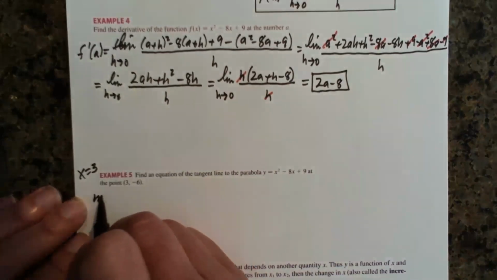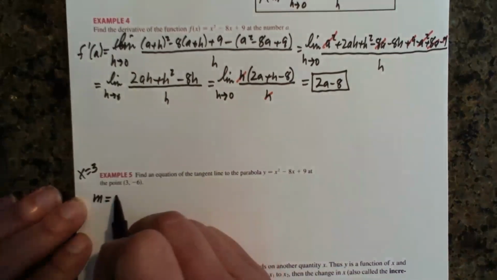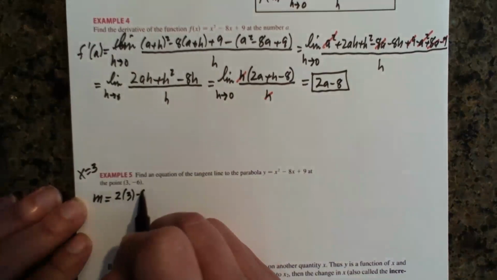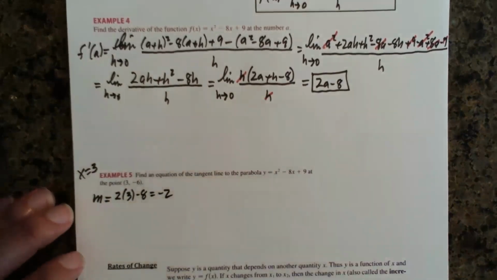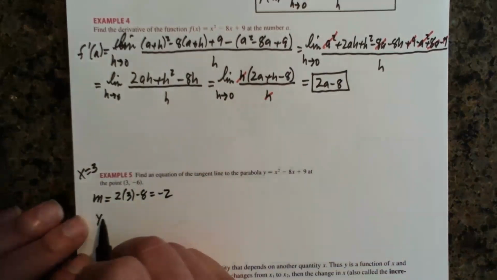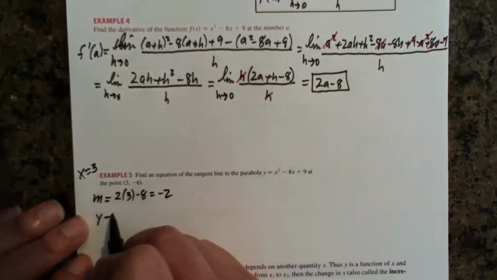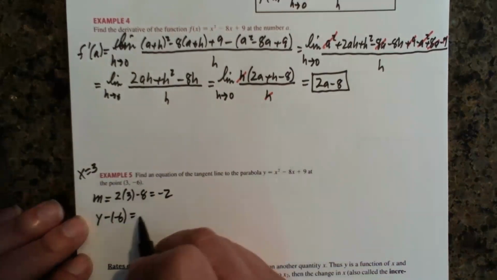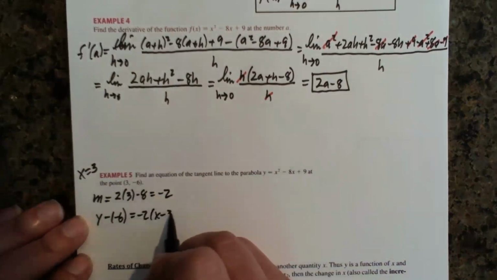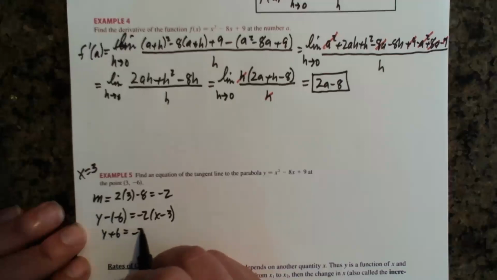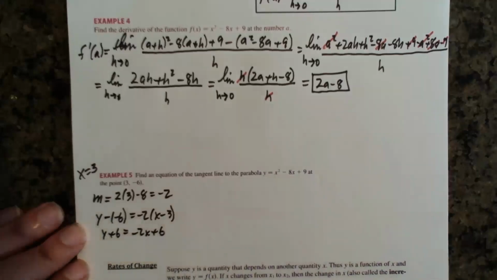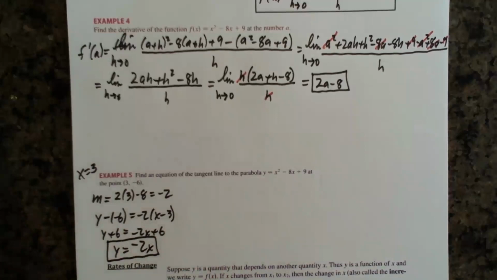So the slope of the tangent line is going to be 2 times 3 minus 8, which is negative 2. So now I'm going to do y minus negative 6 for point slope form equals negative 2 times x minus 3. And you can see y is going to equal negative 2x. There is the equation of the tangent line.